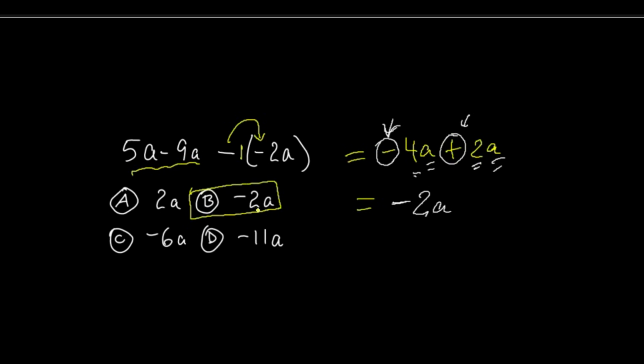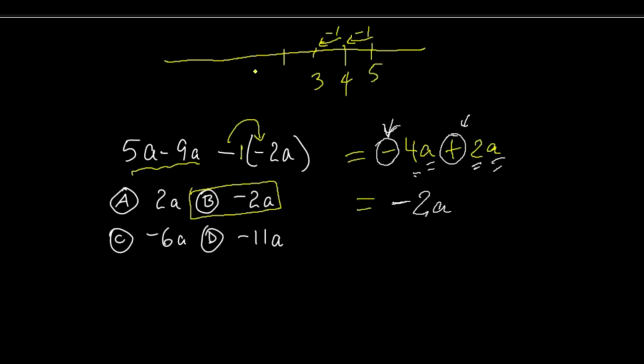You may stop the video, or I can explain it a little longer in terms of 5 minus 9 on the number line. Let's say we have 5 here, and we subtract 1, we get 4, correct? 5 take away 2 gives us 3, correct?